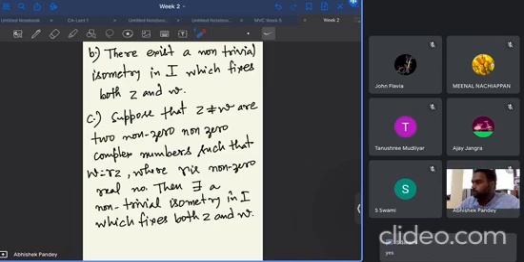Okay, so what about option C? Can you tell me? So this is also false, isn't it?